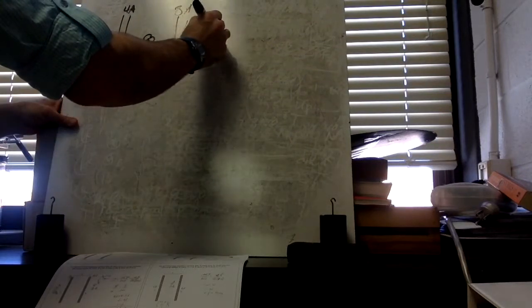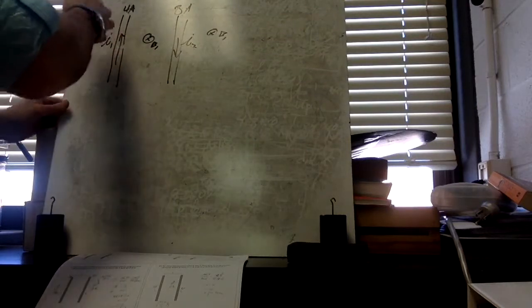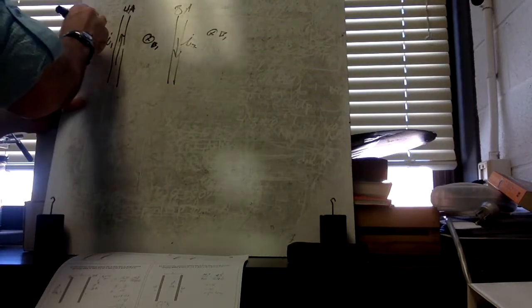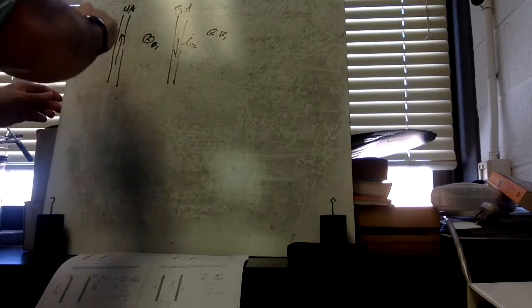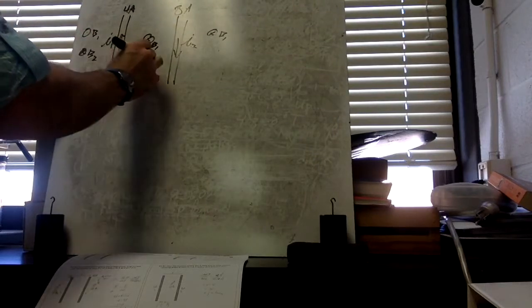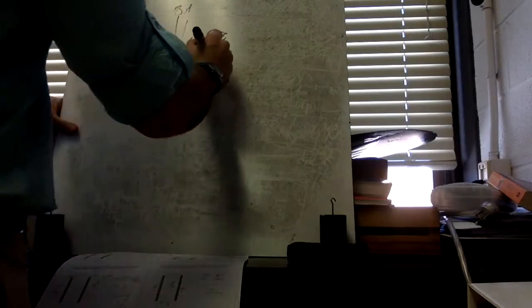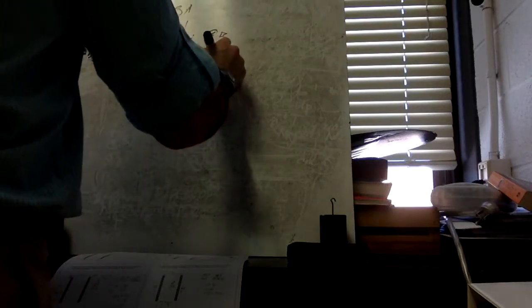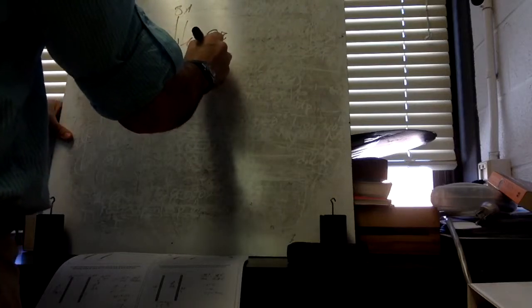Over here, B1 is also into the page. But here, B1 is going to be out of the page. On this side, B2 is into the page, and on this side it's coming out of the page.